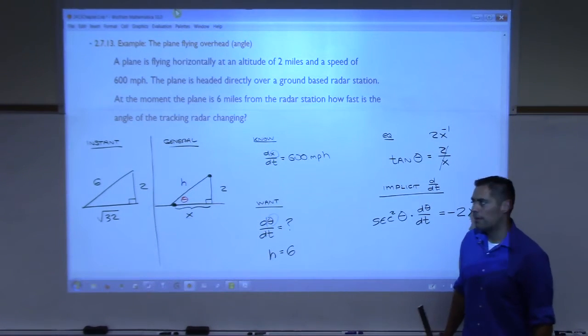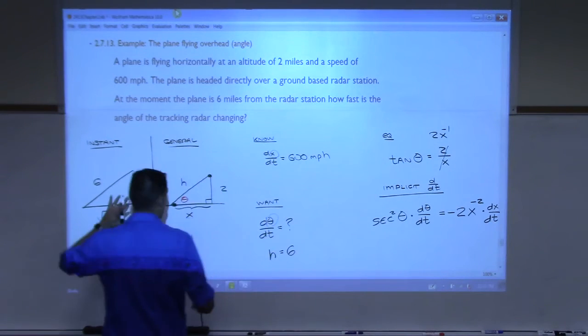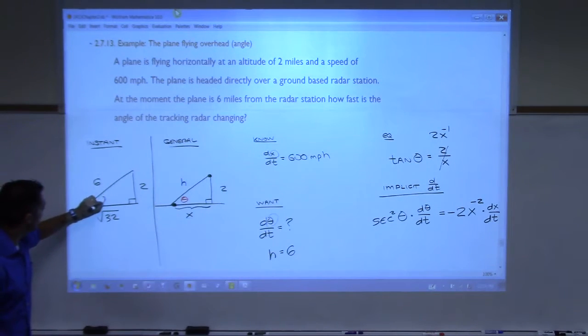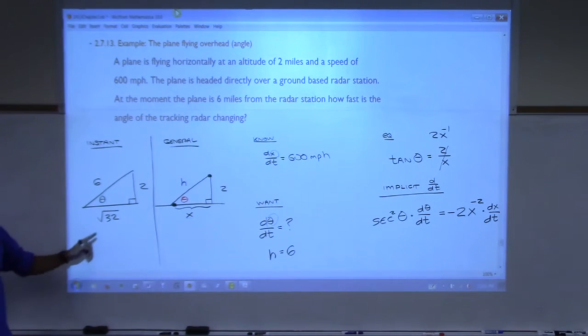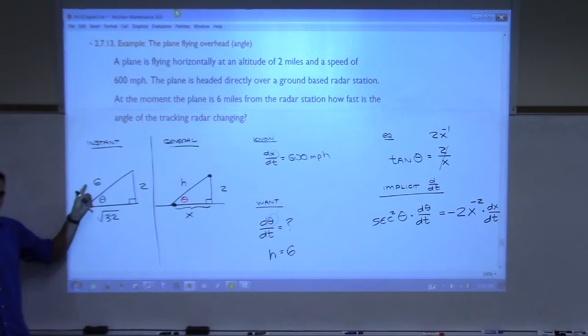But if I come back to this picture over here, because now I can fix everything in time, this is theta, right? What is secant by definition? Secant is what over what? It's in terms of sides. Secant is the reciprocal of cosine. Cosine is adjacent over hypotenuse.